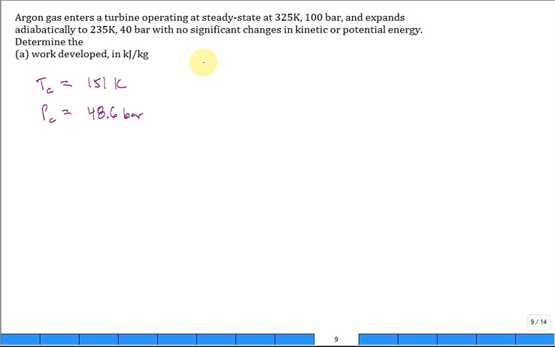And then for state 1, you want TR1 and PR1. State 1 is coming into the turbine. So it's 325 Kelvin, you divide it by 151, and you get 2.15. And then pressure divided by the critical pressure, you get 2.06.